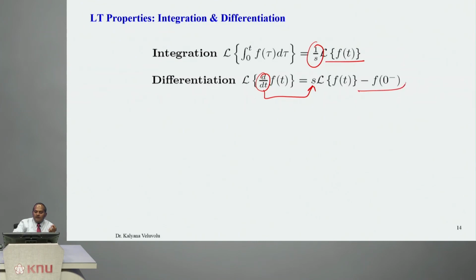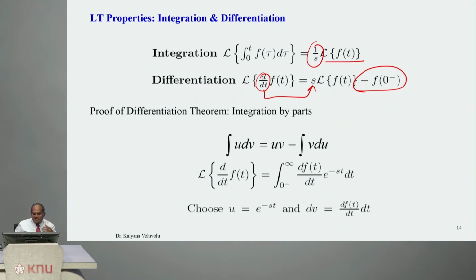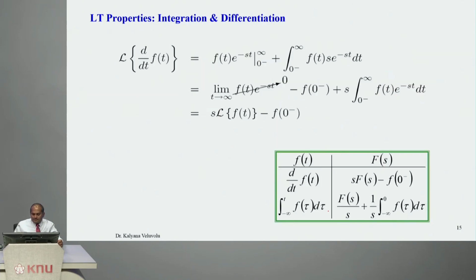However, you need to be careful with the initial condition, because when you solve any differential equation, we need to take care of the initial condition. You can easily prove this with integration by parts. You can take u and dv and then simply prove that. By using that simple expansion for f of t, you can prove this is the case for the Laplace transform of the derivative of a function.